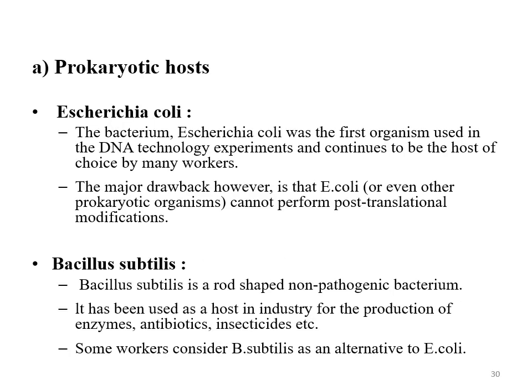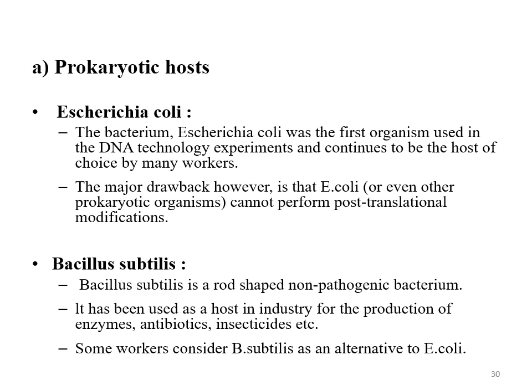Here are some characteristics of the prokaryotic cells. The first one is Escherichia coli, or in other words, E. coli, which is a bacterium and was the first organism used in DNA technology experiments and continues to be the host of choice of many researchers.